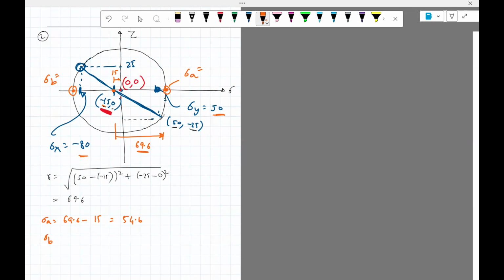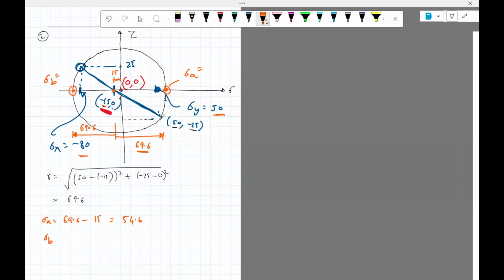Sigma B is going to be this point. So we know that the radius is again 69.6. My figure is not perfect, so it doesn't look like this 69.6 is the same as this one, at least. But based on the circle radius, that should be 69.6. That's the radius, the distance from the center to the edge. And then we know that this distance is 15.